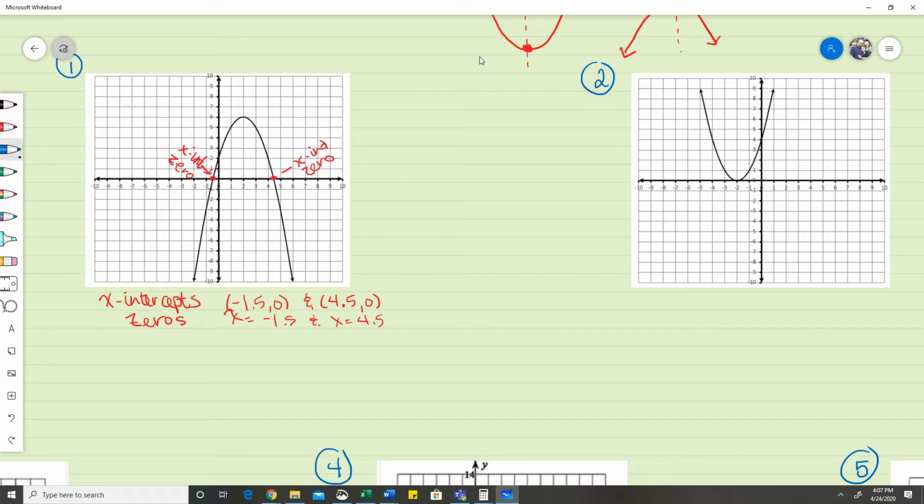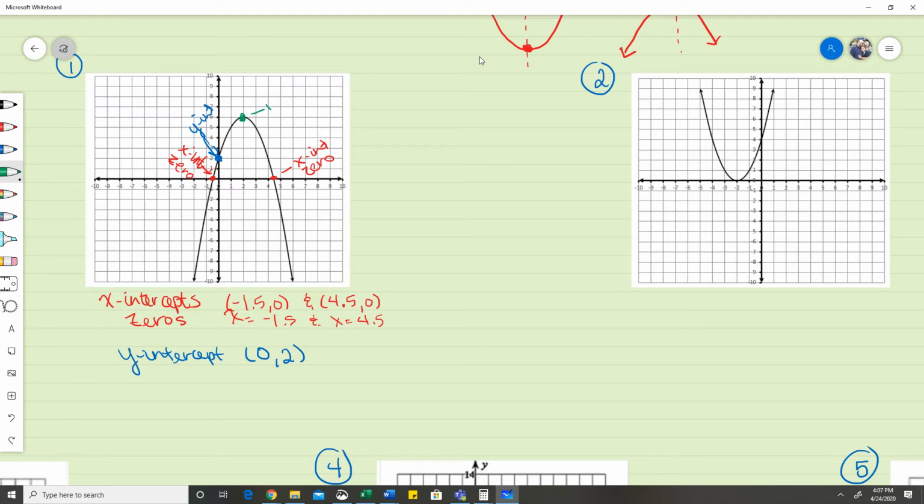Okay. The next thing we want to look for is our y-intercept, and that's right here at 2. So our y-intercept is going to be at 0, 2. Okay. And the next thing we look for is our vertex.